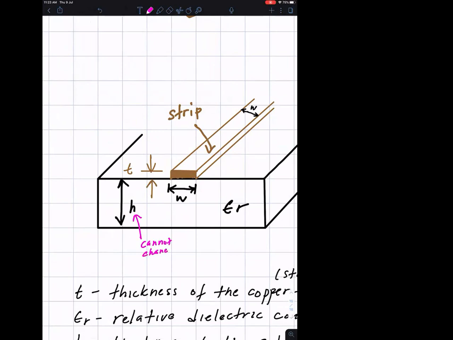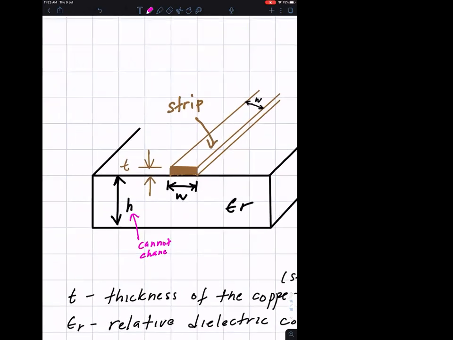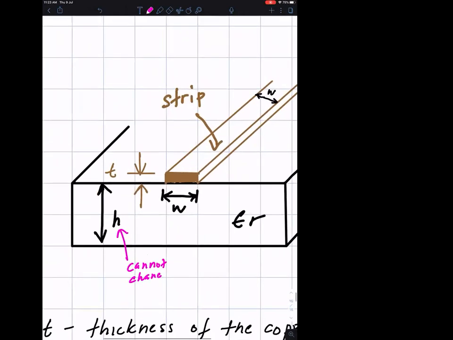So for characteristic impedance, when you go to ADS, there's also one thing called loss tangent, right? In the ADS line calculator, you can see there's a place to enter the loss tangent. And the metal thickness here is usually very small. All these values are very small.